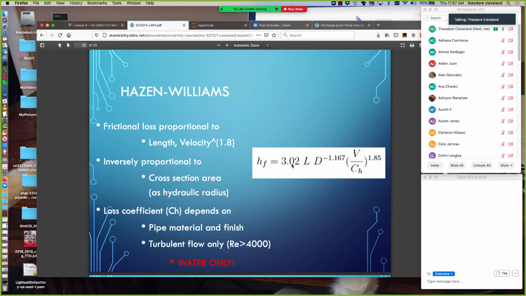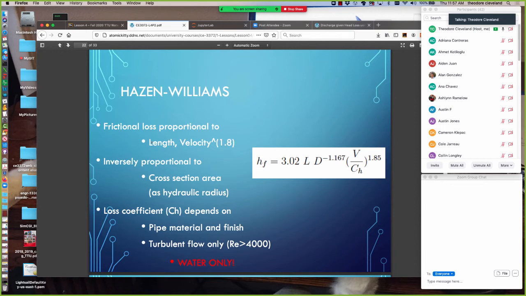And this one's pretty similar, doesn't look it, but it is. So it has a coefficient, length, inverse diameter, velocity, roughness term raised to a power. So in the case of Hazen and Williams, the frictional loss is proportional to length, proportional to velocity to the 1.8 power, so almost proportional to velocity squared, so not much difference there.